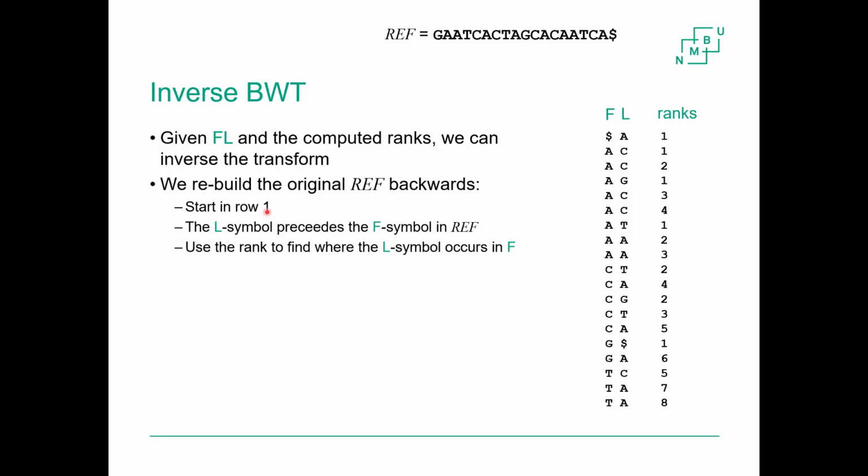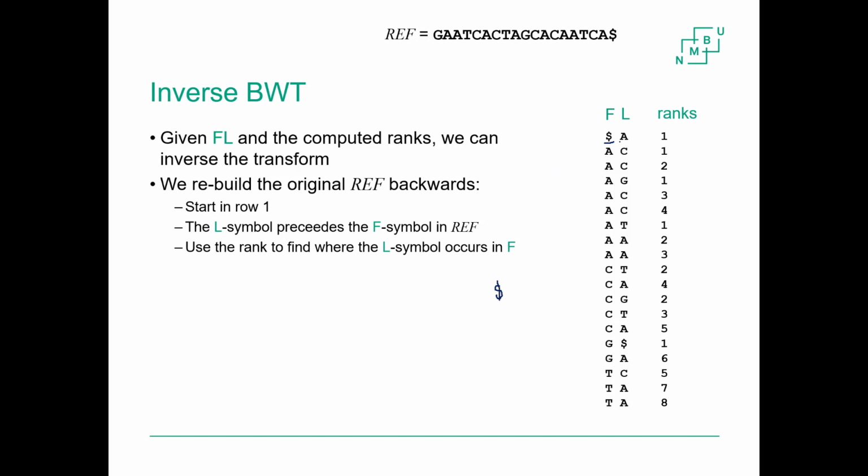Start at row 1 here. And let me try to do this actually now. Is it possible to have a different color here? Yeah. Start at position 1, at row 1. The L symbol precedes the F symbol in the reference. So we start with the first symbol here, right? So my reference should end with this one.